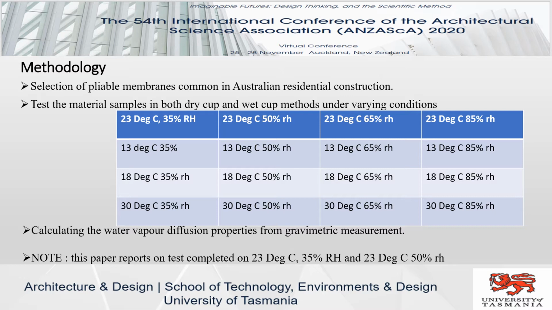Internationally, this has been critiqued as inadequate because of the variable nature of some construction material and also because of the variable conditions that exist in new buildings. And due to the limitation of this current international test method, the method adopted in this research included varying the relative humidity and the temperature within the test room.